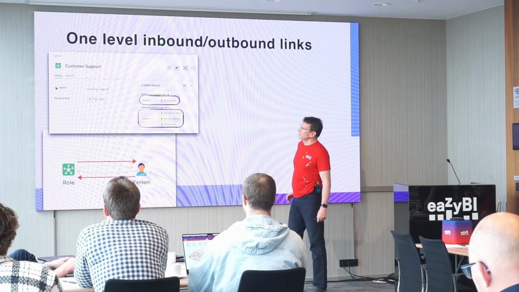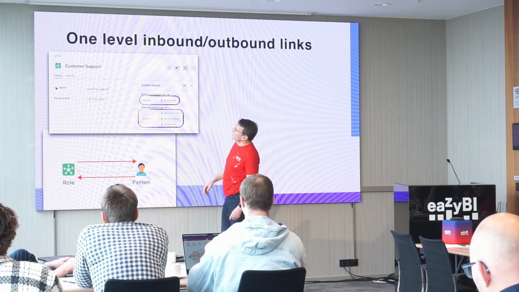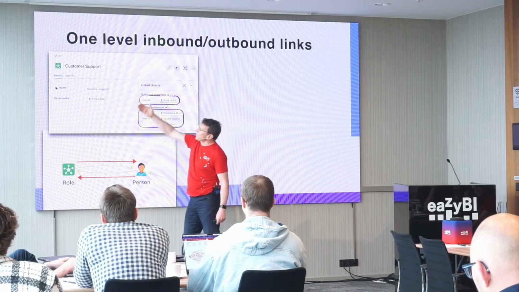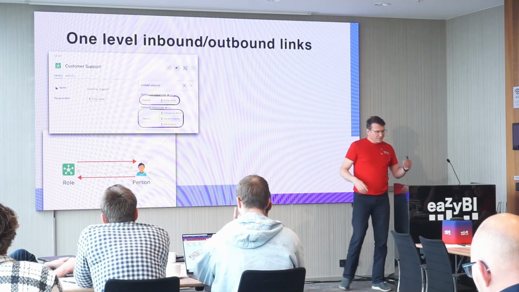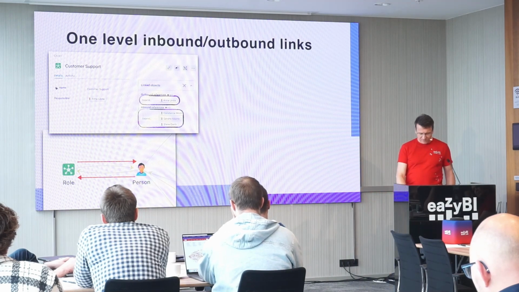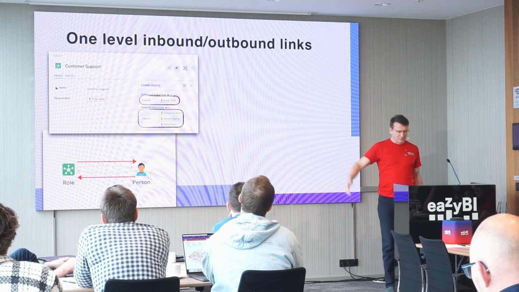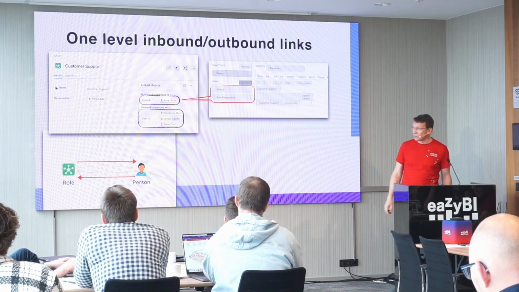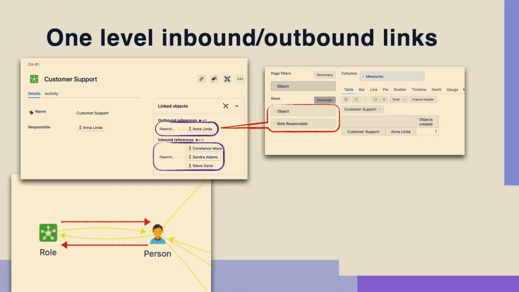And we can check that in the assets object, each object, and see also a list of outbound and inbound references for each customer, for instance, for customer support roles. Maybe you will want to see that on the list in an eazyBI report, and you can do the same here. Two actually quite straightforward ways.